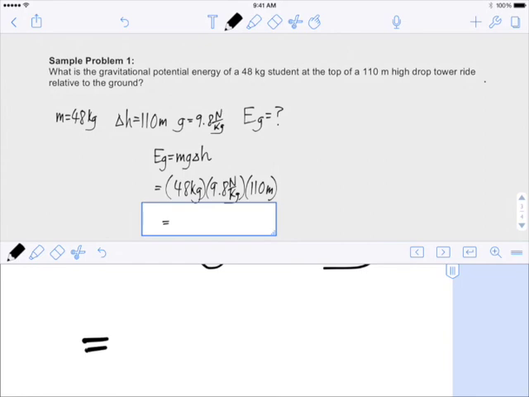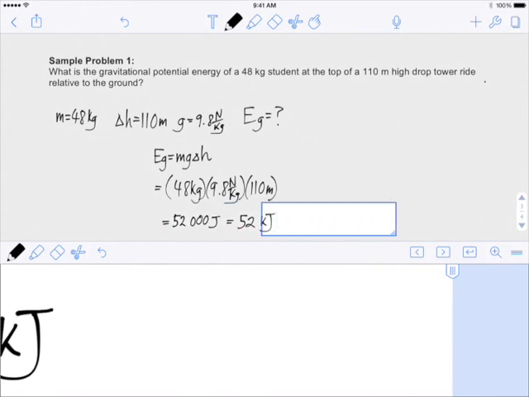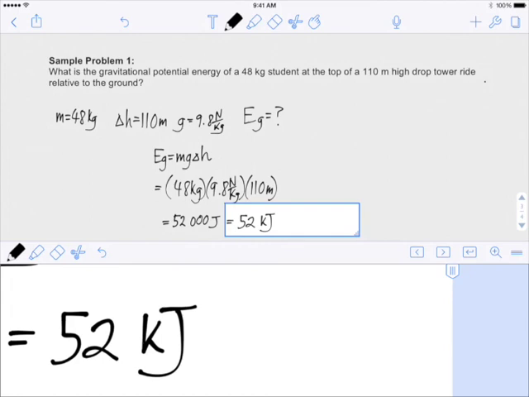We get 52,000 joules. We can also write this as 52 kilojoules. And in fact, units of energy tend to be quite large, so you often see them expressed in kilojoules or megajoules.